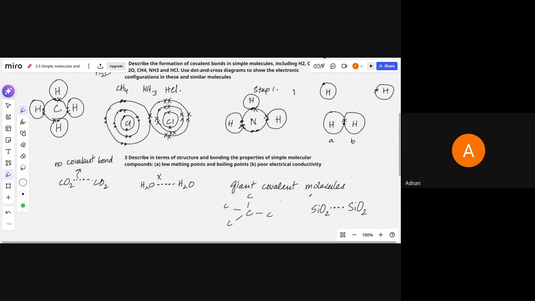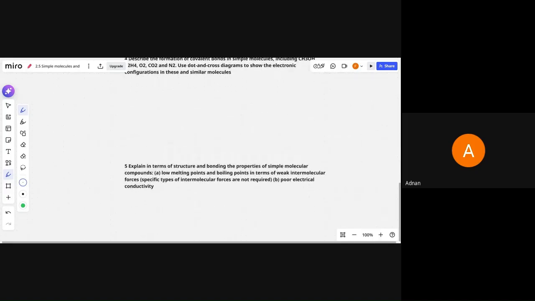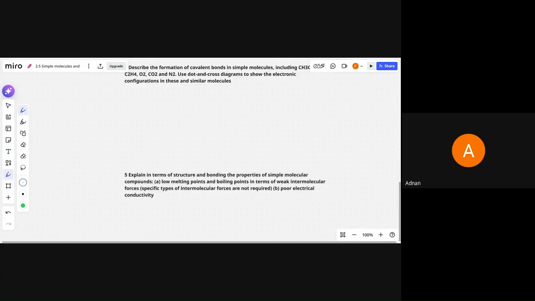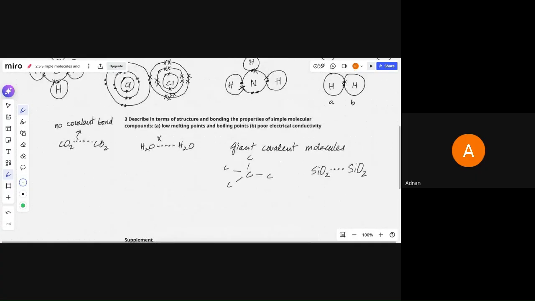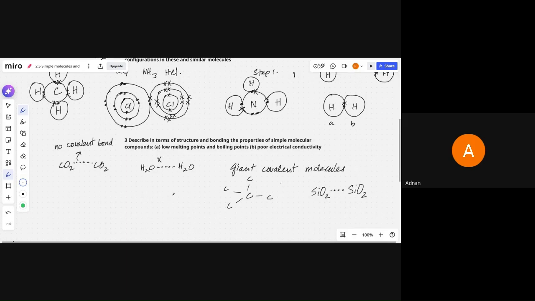This is, I guess, related to the extended syllabus. Okay, now let's come back to the properties. You just need to know that simple molecular compounds have low melting points, and they do not conduct electricity.